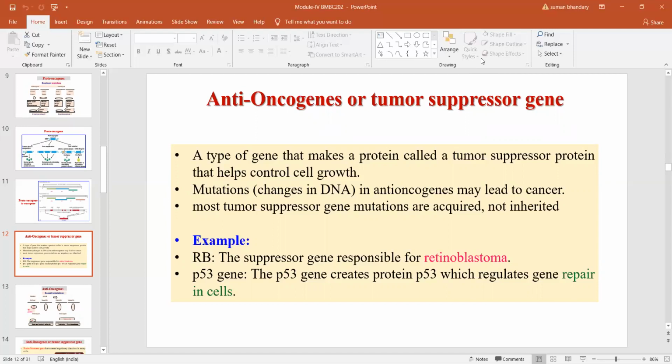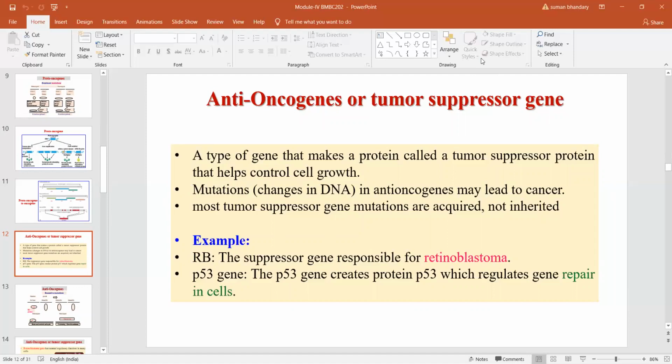So any kind of mutation in these tumor suppressor genes may lead to cancer. The mutations are of acquired type and they are not inherited.